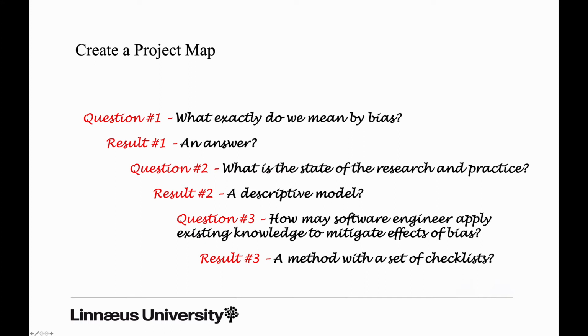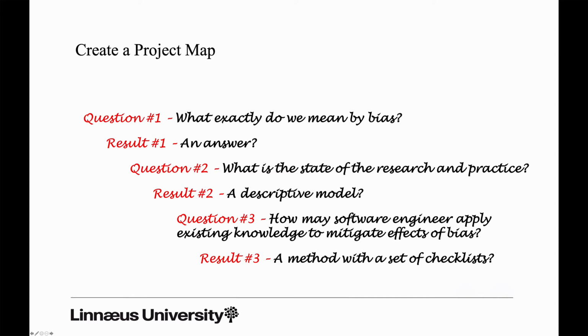In order to really come close to take on the challenge of your work here, well, you have to ask yourself the third question. How may a software engineer apply existing knowledge to mitigate effects of bias?